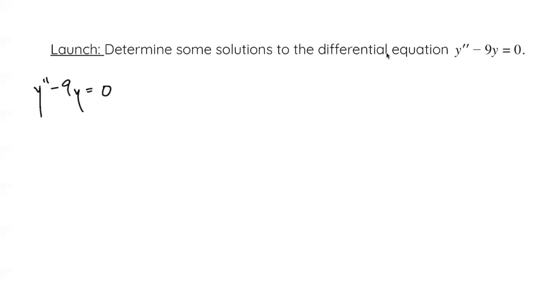This is a very open-ended question, and it can be really hard to think about where to start. So what I want us to do is start with this equation.